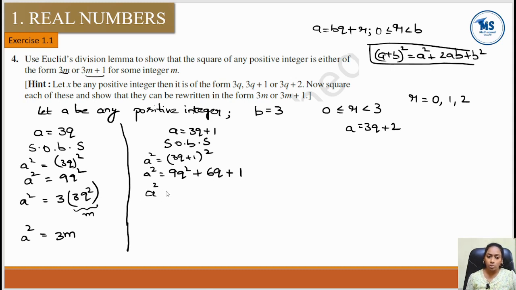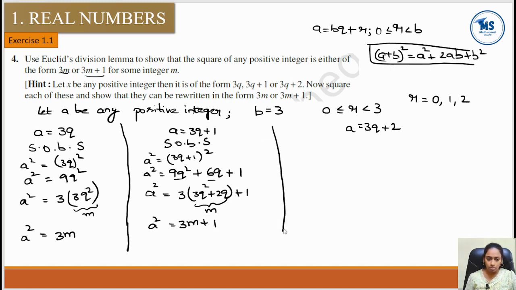If I take 3 in common, I get 3 times 3q square plus 2q, plus 1. As we know, q is an integer, so the entire thing 3q square plus 2q, let's take m. Then a square is equal to 3m plus 1.